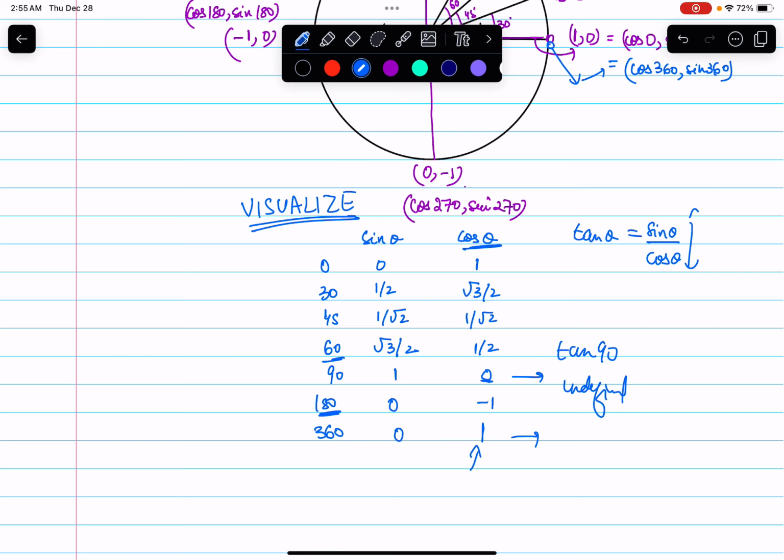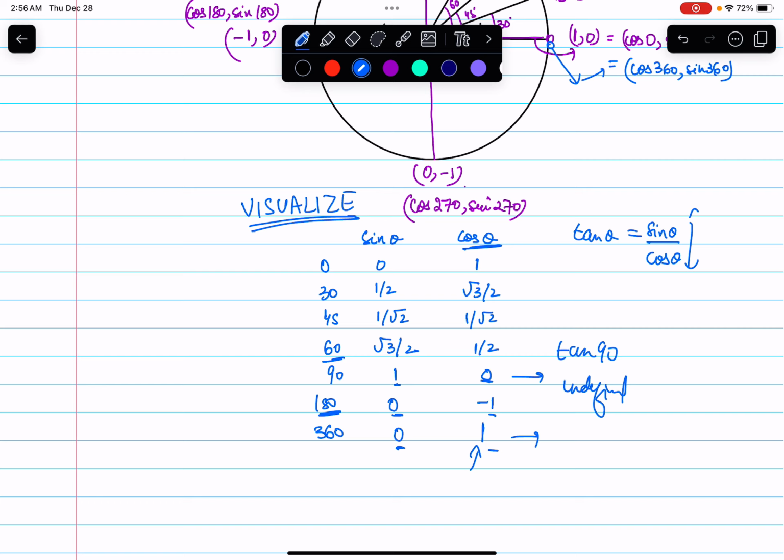Okay? Right? So sine of 360 is 0, cosine of 360 is 1, sine of 180 is 0, cosine of 180 is -1. All right? Sine of 90 is 1, cosine of 90 is 0, and so on.